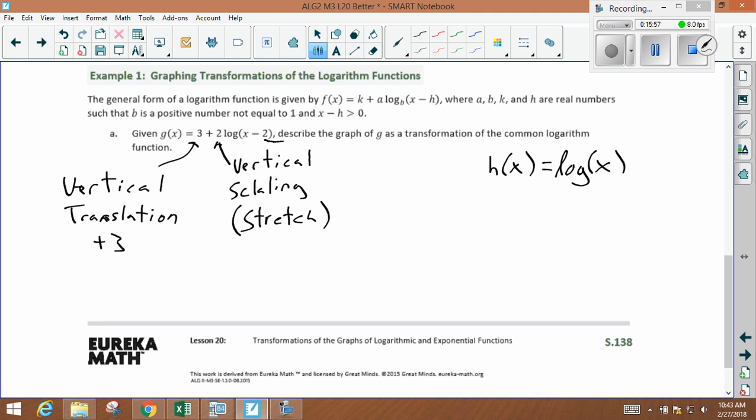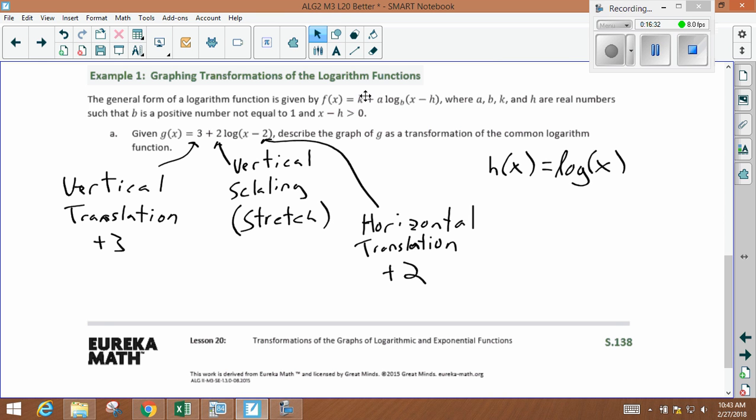And this 2 over here is going to be a horizontal translation. It's going to be plus 2. It's going to be weird. Let's look at it. I want to look at each of those separately using our calculators to show what's going on there.